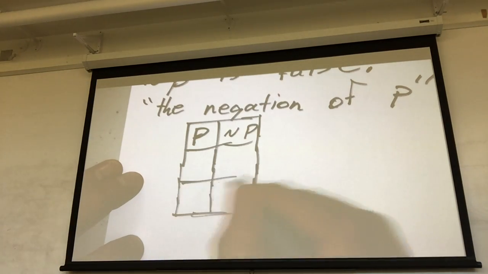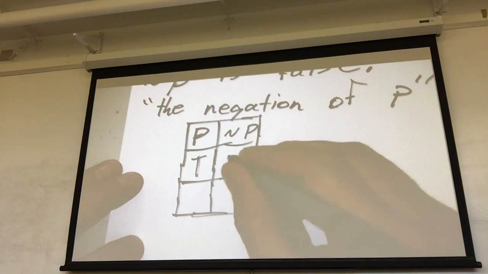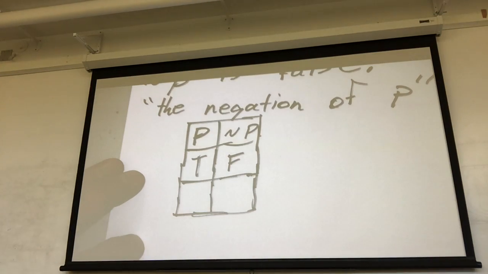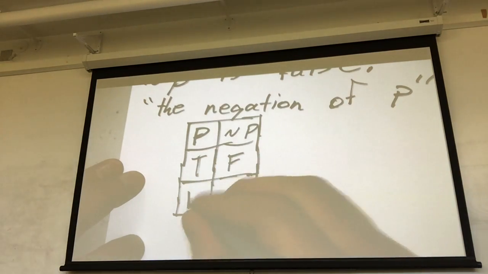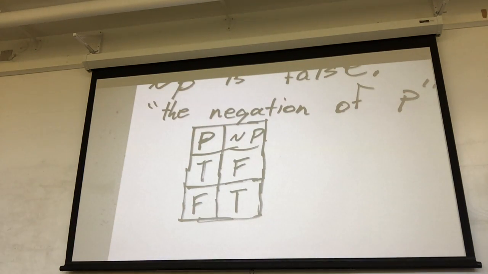So if P is true, then the negation of P would be false. And if P is false, well, then the negation of P is true.